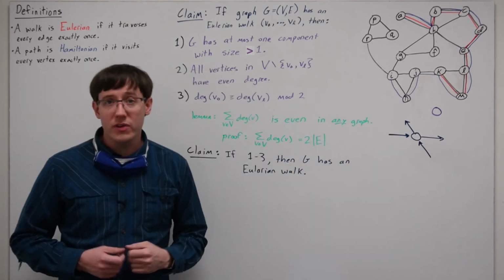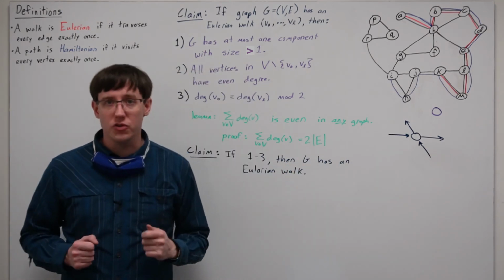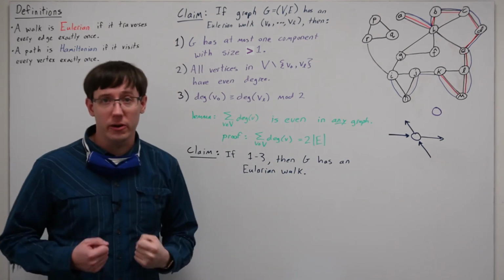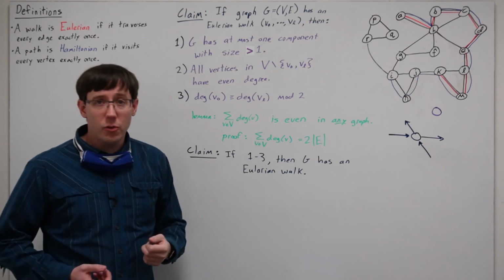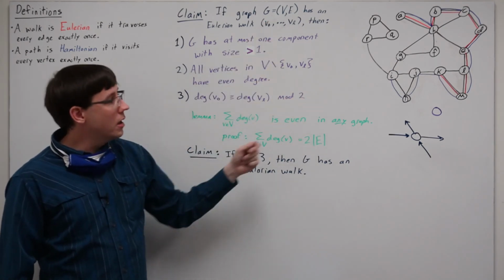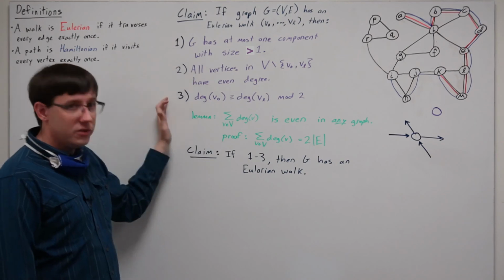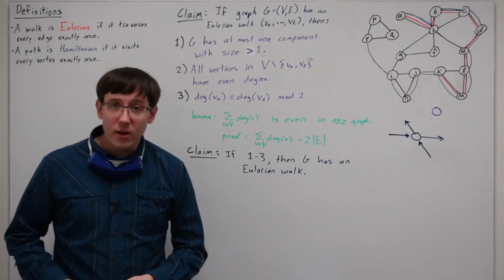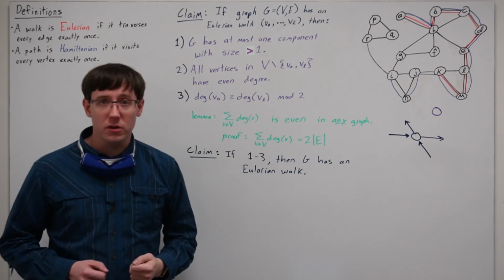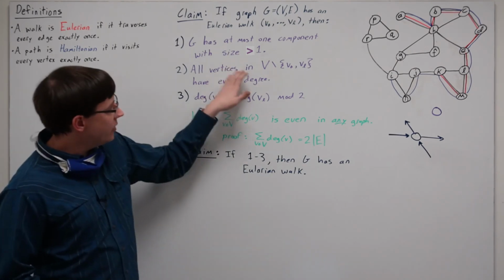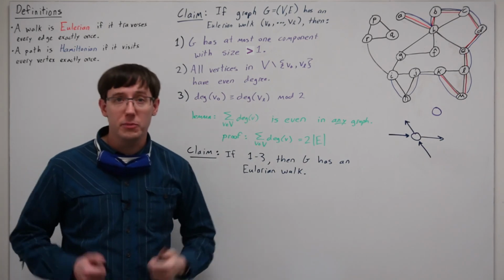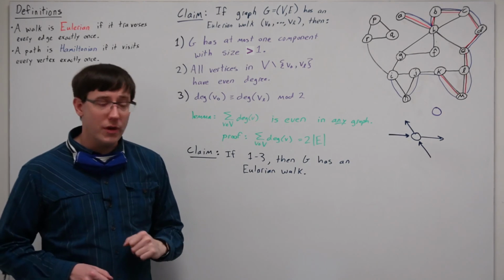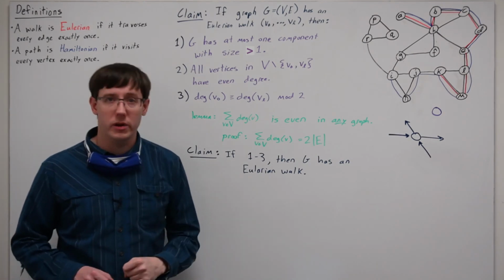But it turns out that there's actually an if and only if relationship between these properties and the graph having an Eulerian walk. I've just sketched for you the forward implication, which shows that these are necessary conditions for a graph to have an Eulerian walk, but it turns out that they are also sufficient conditions. If you check these three conditions and they all come up true for a given graph, then you can conclude that that graph must have some Eulerian walk.